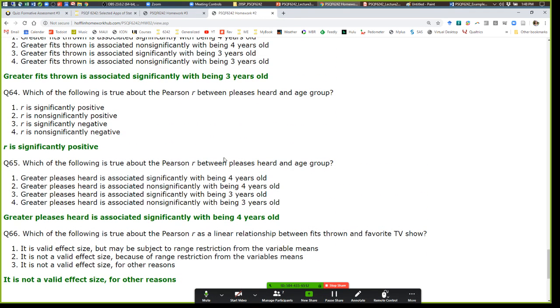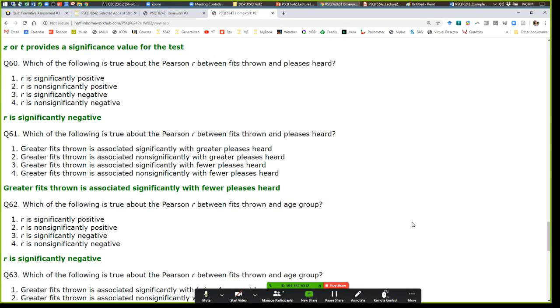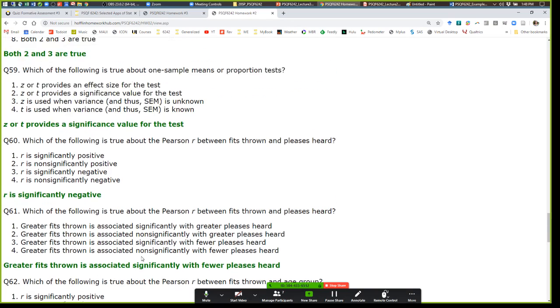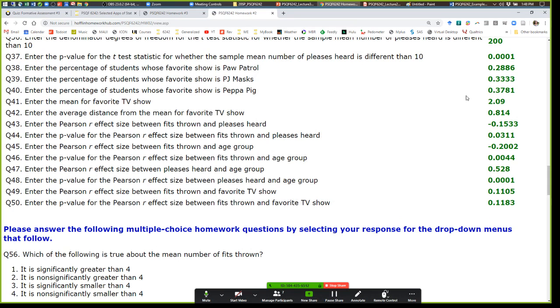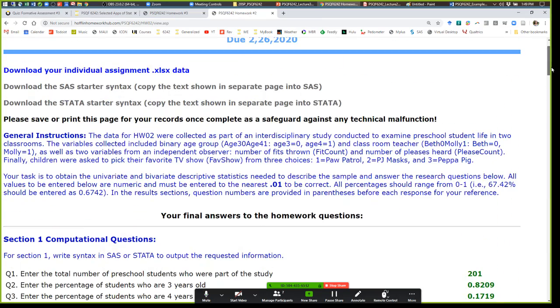I asked you several questions about favorite TV show that were stupid questions. They were dumb, but I did that to make a point. So for instance, the mean of favorite TV show. The scale of this variable, I can remind myself, 1 is Paw Patrol, 2 is PJ Masks, and 3 is Peppa Pig.